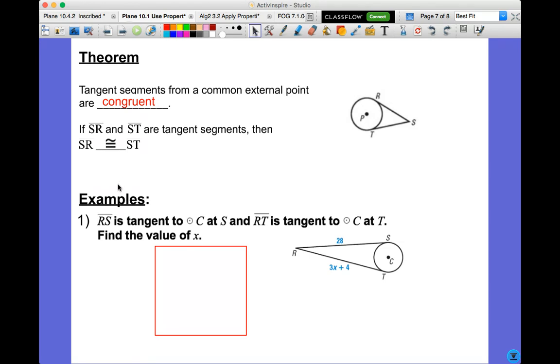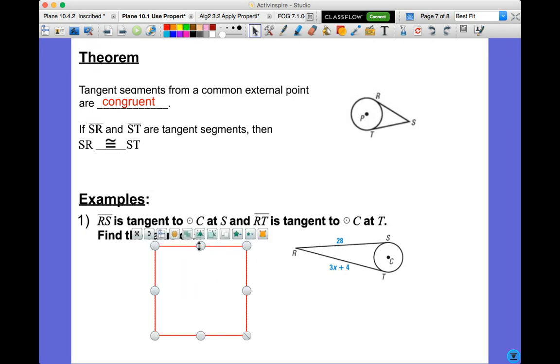Okay, so let's take a look at an example. Line segment RS is tangent to circle C at S, and RT is tangent to circle C at T. We were given that RT has an expression of 3x plus 4, while RS has a value of 28, and we need to solve for x.